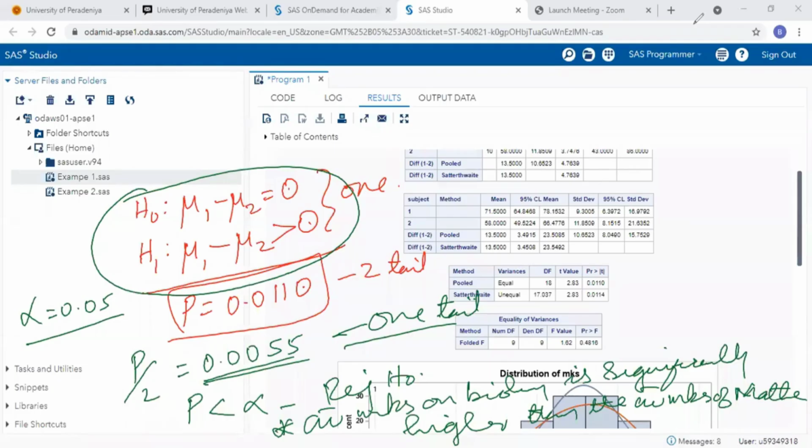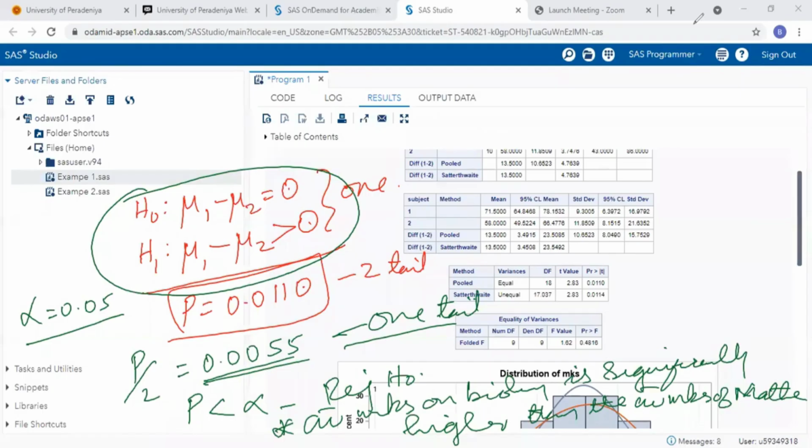If it is a one sample t-test, how you do it. If it is a pooled t-test, how you do it. If it is a paired t-test, how you do it. Third, you should be able to interpret the results. Computer will never interpret for you. You will have to interpret by yourself.